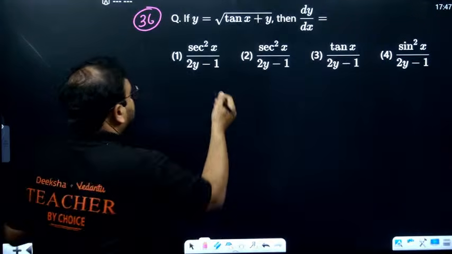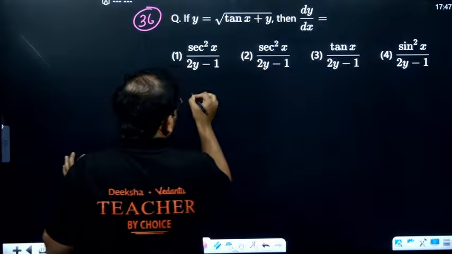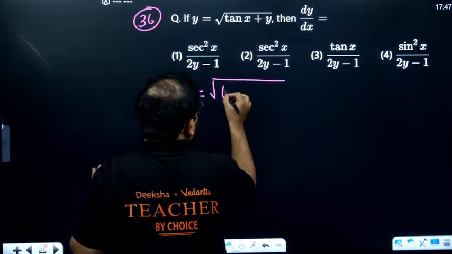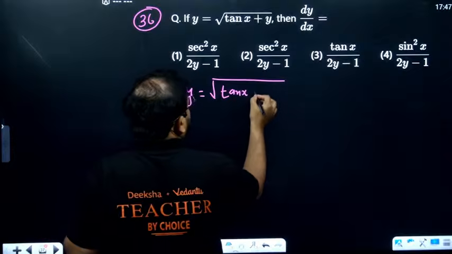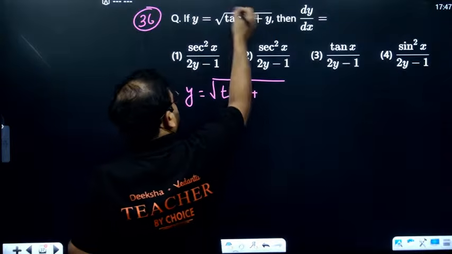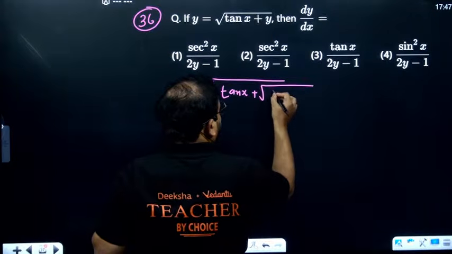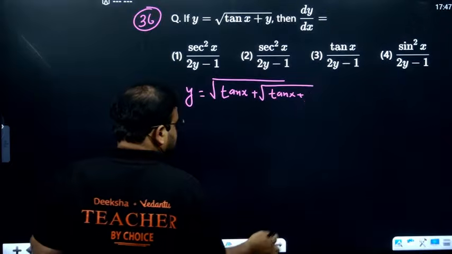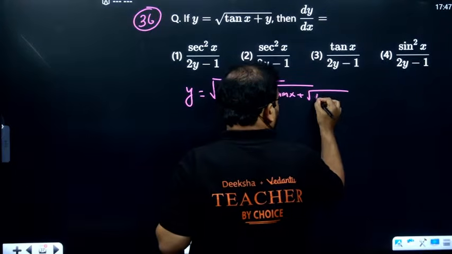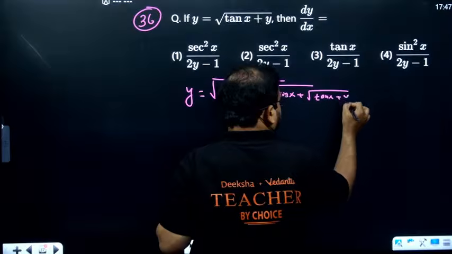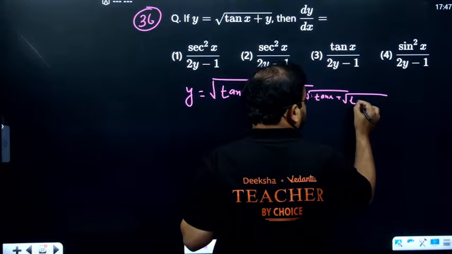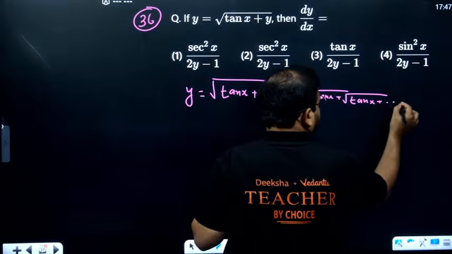Remember, if you continue with this question, it becomes y equals root of tan x plus y. And y is what? Same thing. So root of tan x plus y, and y is again the same thing. How many times?